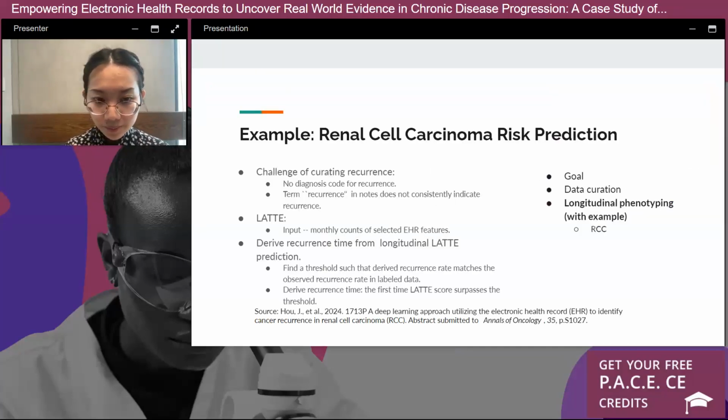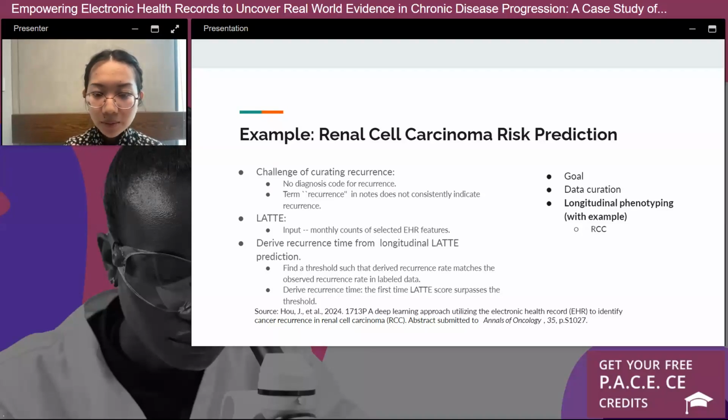So here we give you an example using renal cell carcinoma risk prediction. As we have also previously mentioned, it is a challenge to curate the outcome for cancer recurrence, because there's no diagnostic code and the recurrence term does not consistently indicate recurrence, right? That's why we leverage LATTE by inputting the monthly count of the selected EHR features.